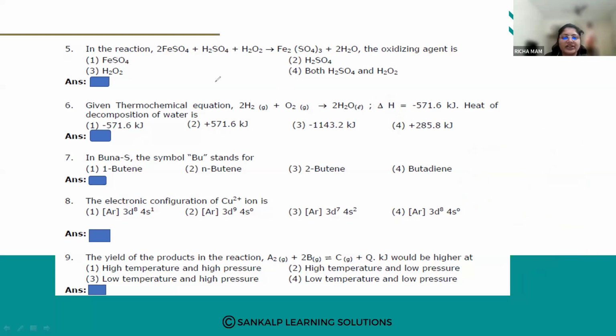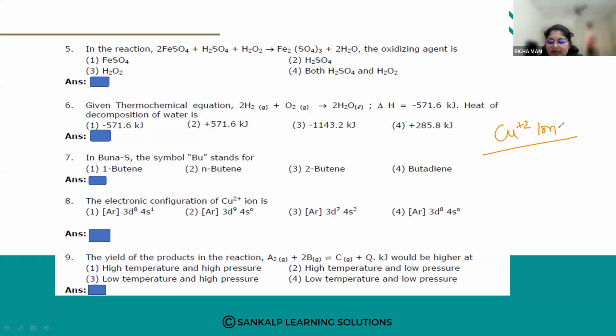Tell me the electronic configuration of copper plus 2 ion. Plus 2 means 2 electrons are lost. So first find the electronic configuration of copper, and then minus the 2 electrons.